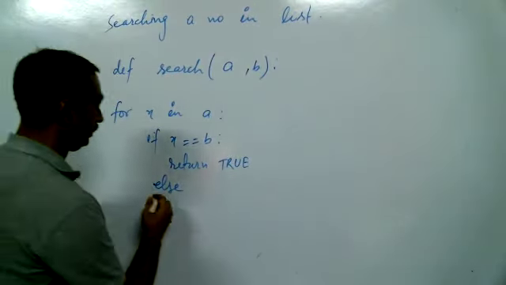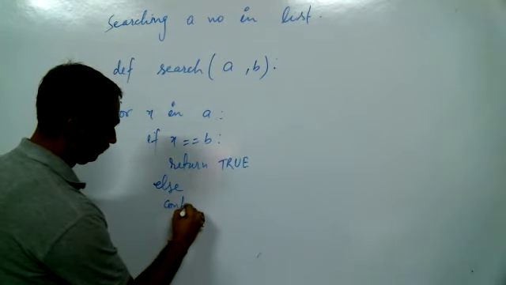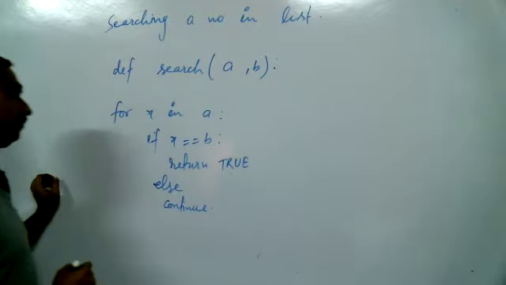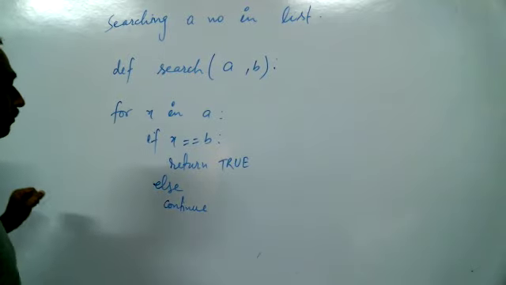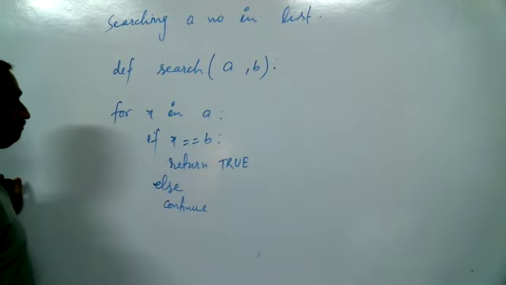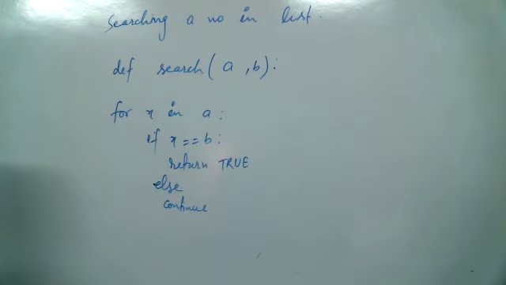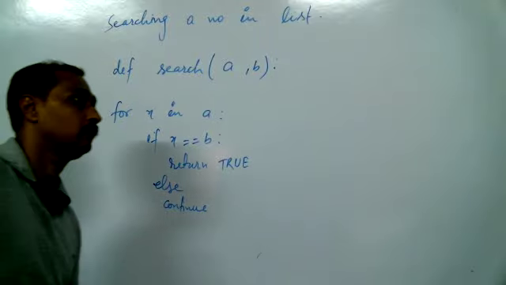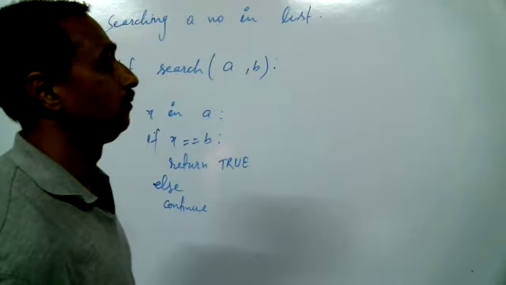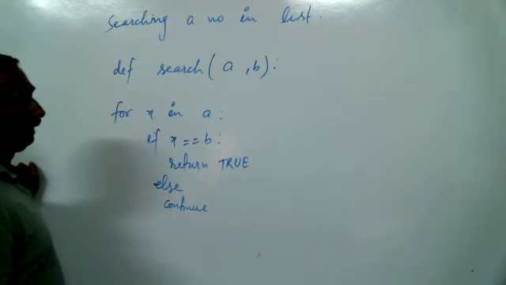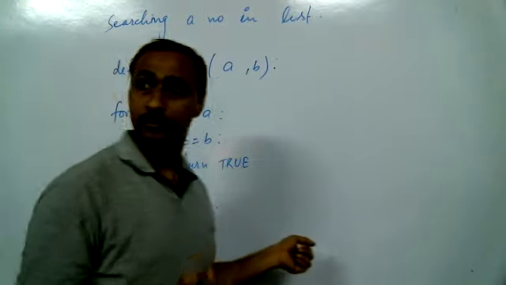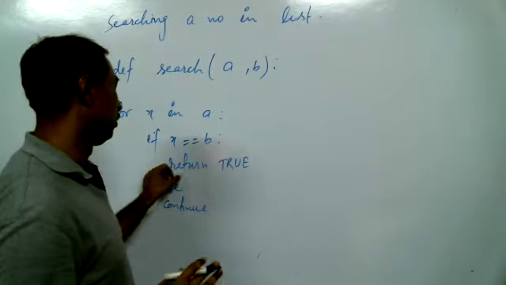So we will write continue here. Then we will not return false. In this case, automatically we can understand whether it is false or true.